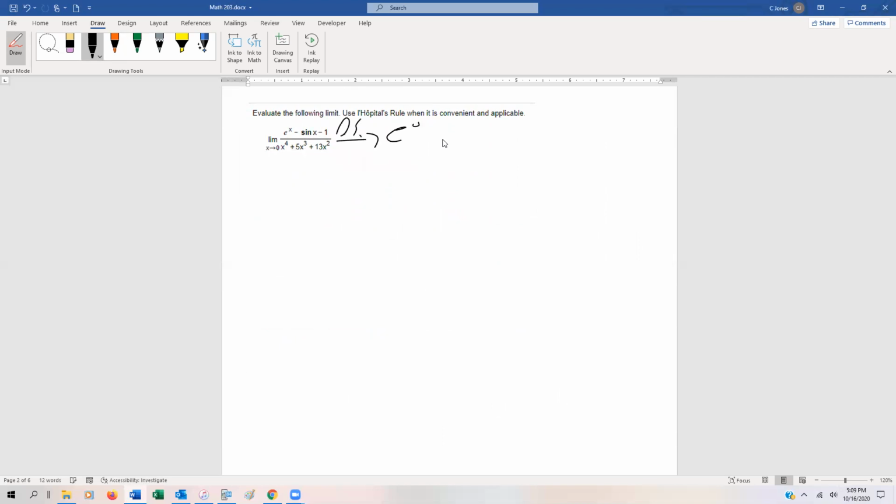That's going to be e to the 0 minus sine of 0 minus 1 divided by 0 to the 4th plus 5 times 0 cubed plus 13 times 0 squared. In the numerator, e to the 0 is 1, sine of 0 is 0, so we get 1 minus 1 divided by 0 plus 0 plus 0, or 0 over 0. We get an indeterminate form.